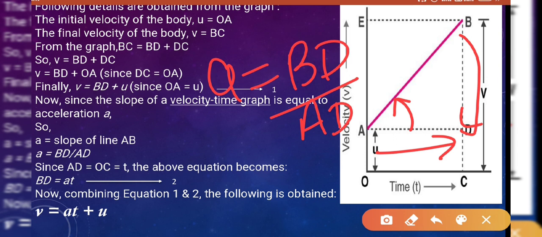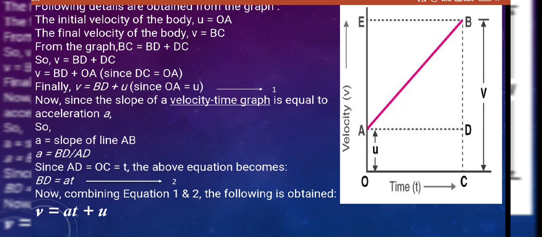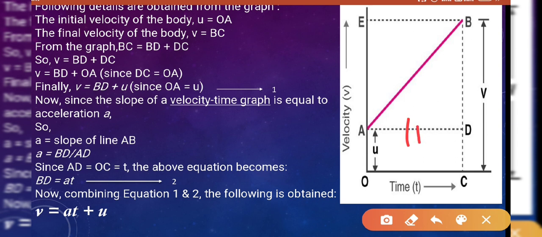That will be your acceleration. We know that AD is equal to OC, and OC is your time t, then AD is also equal to t. So we can write a is equal to BD upon AD.